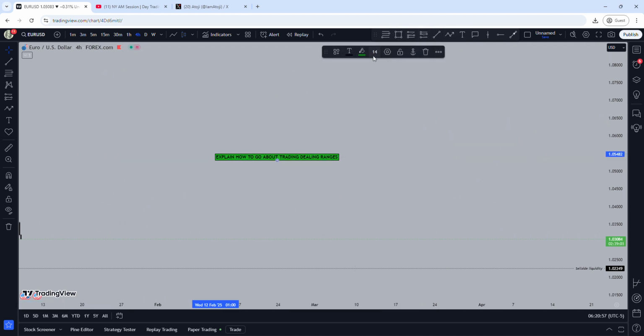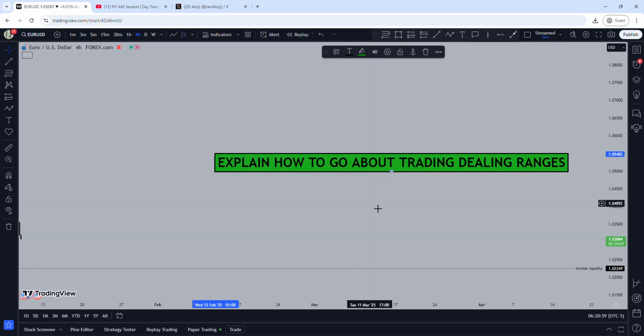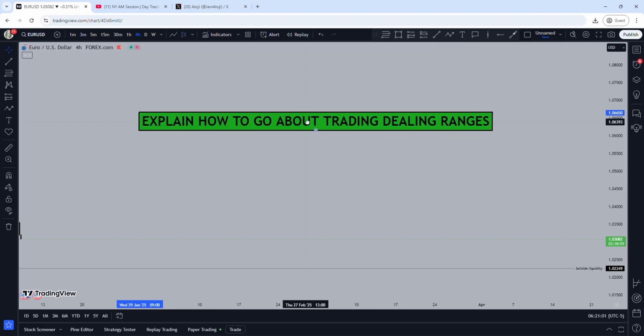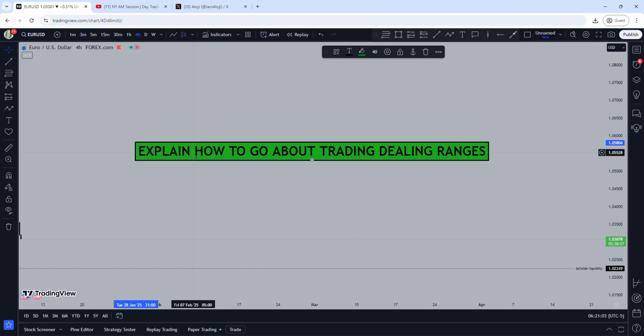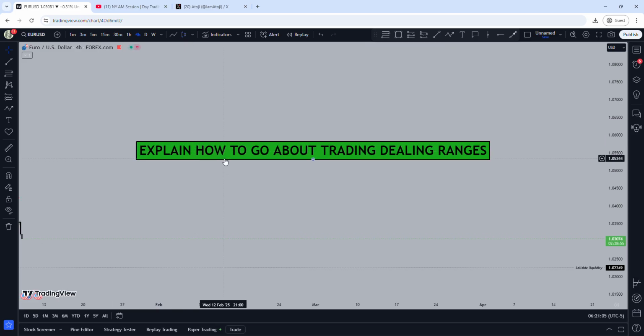So for this, I think I'm just going to make this the title. This is what we're going to go through on our next class: how to go about trading dealing ranges on the lower time frames.